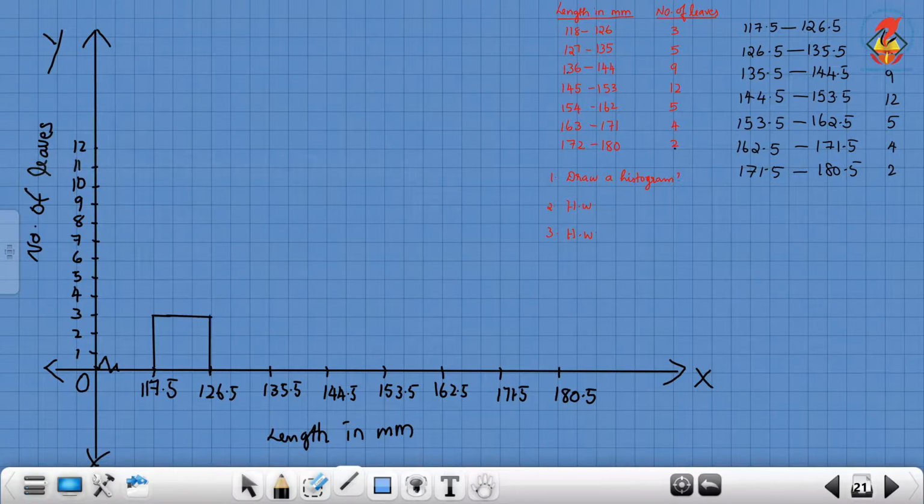Next 117.5 to 126.5, 3. Next 126.5 to 135.5, 5. You should start from 126.5, 5. Next 135.5 to 144.5, 9. 9 is there.